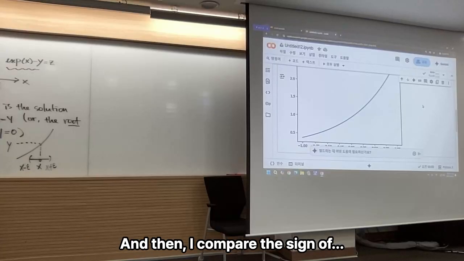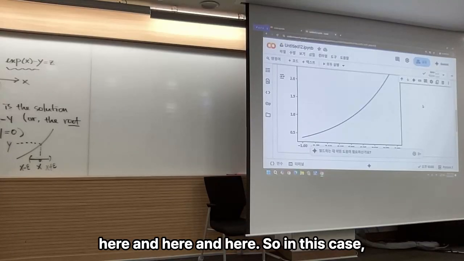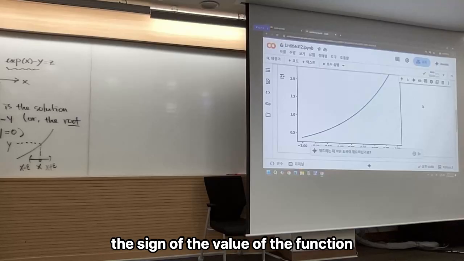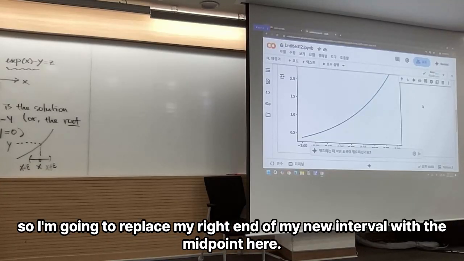Then I compare the sign of the three values at the three points, here and here and here. In this case, the sign of the value of the function at the middle point is positive. So I'm going to replace the right end of my new interval with the midpoint here.